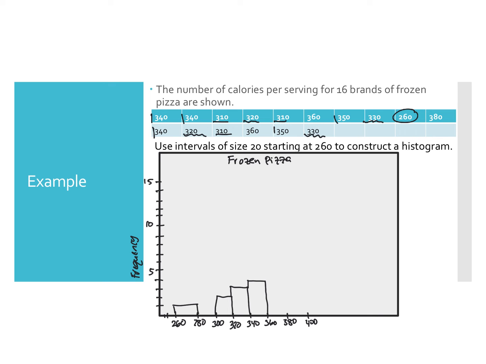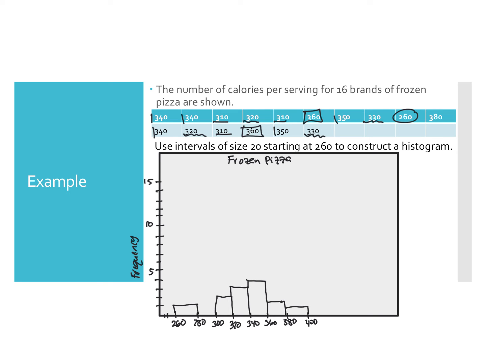Then 360 but less than 380: 1, 2. And then what is left over is the single 380.